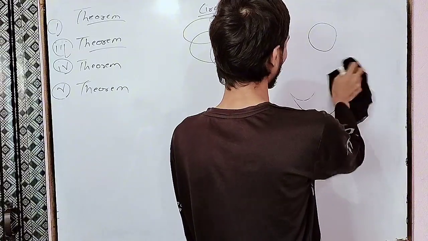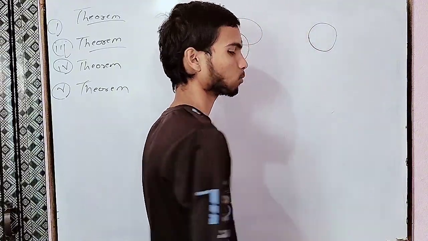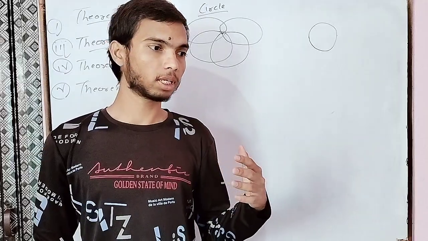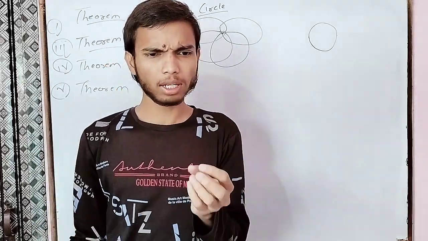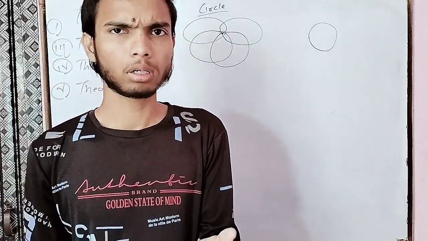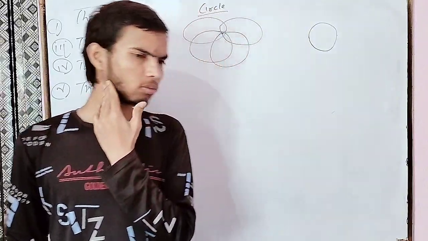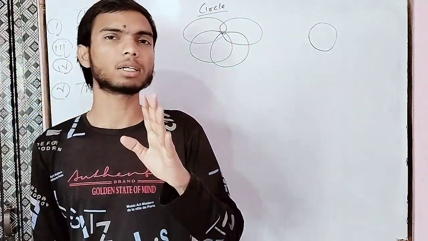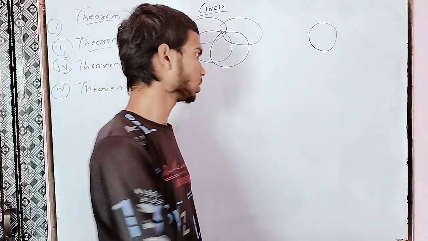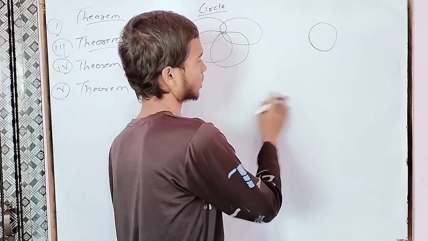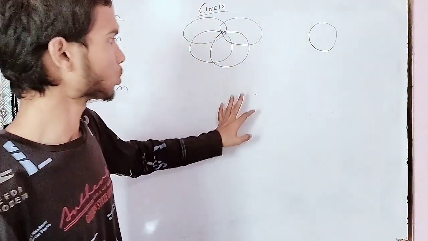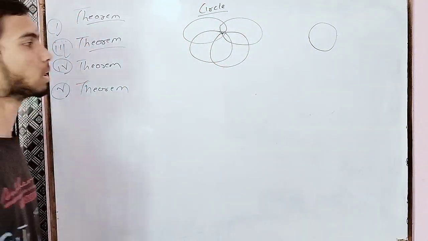But the theorem is saying that there will be only one circle formed on three given non-collinear points. So let's apply it on three non-collinear points, that are not in a straight line.